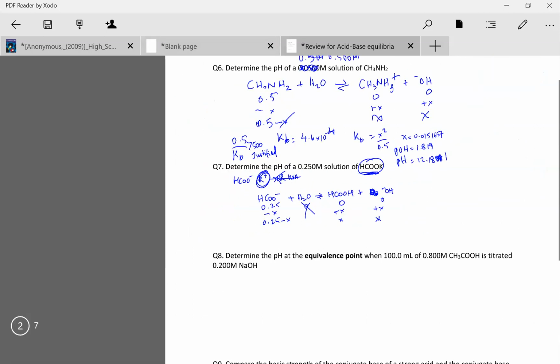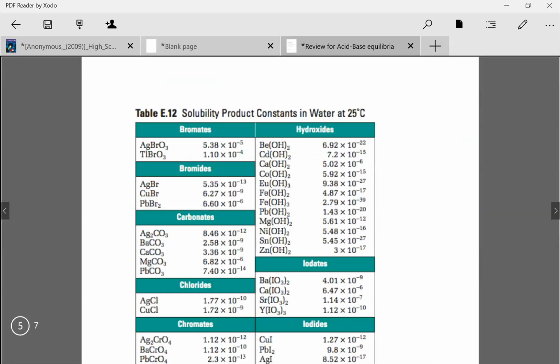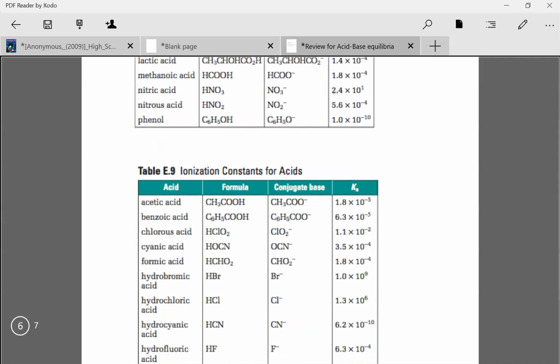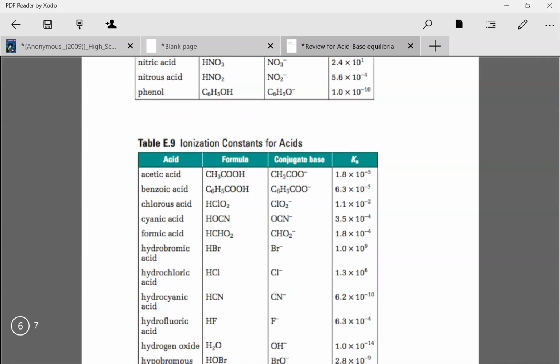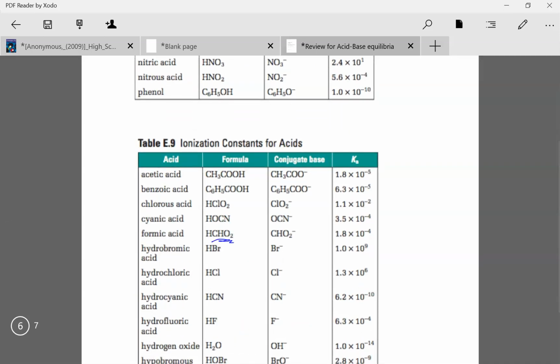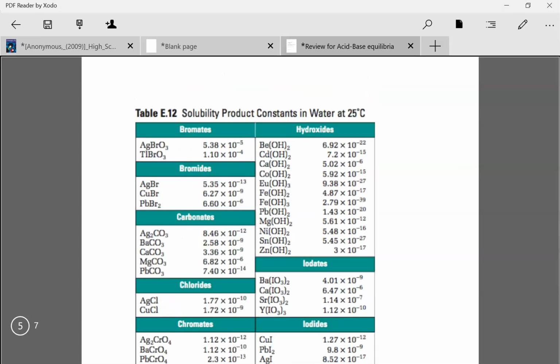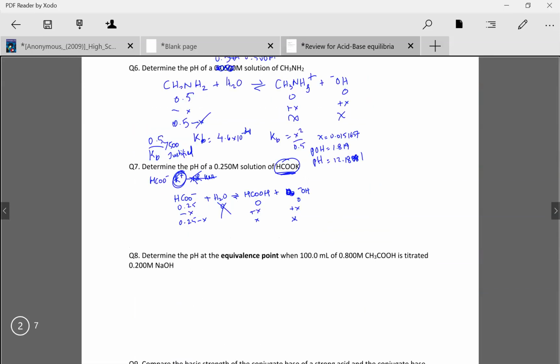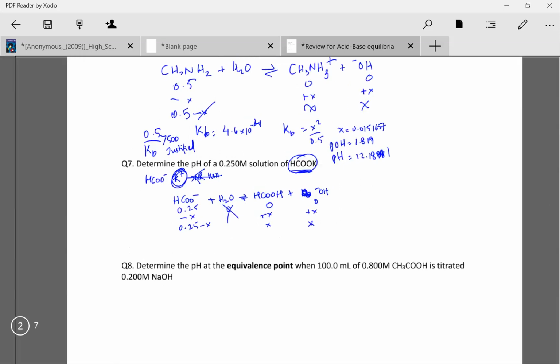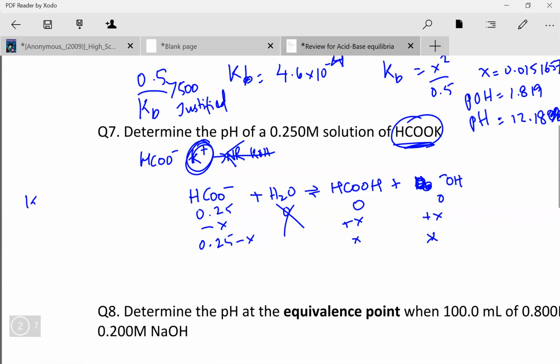We are given at the back the pKa for formic acid. Is this guy 1.8 times 10 to the negative 4. So here we do Ka of formic acid is 1.8 times 10 to the negative 4.